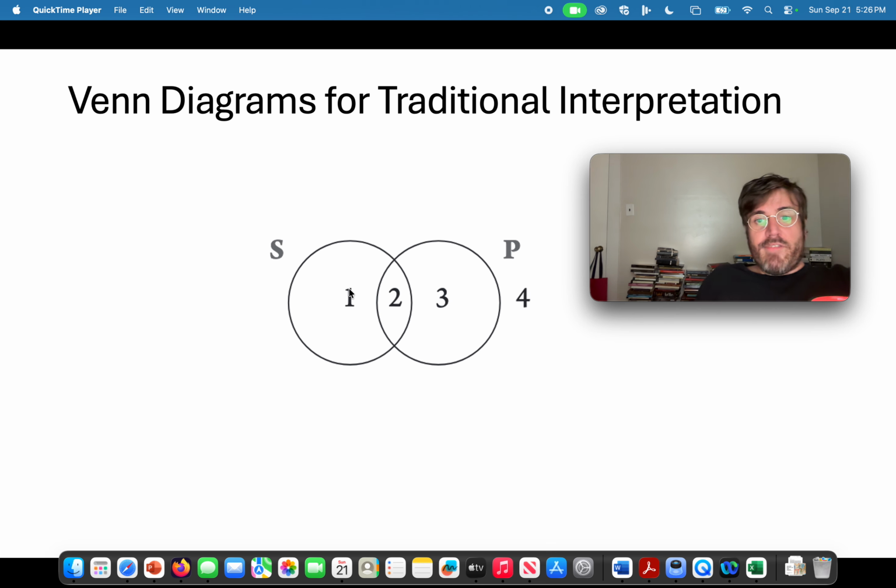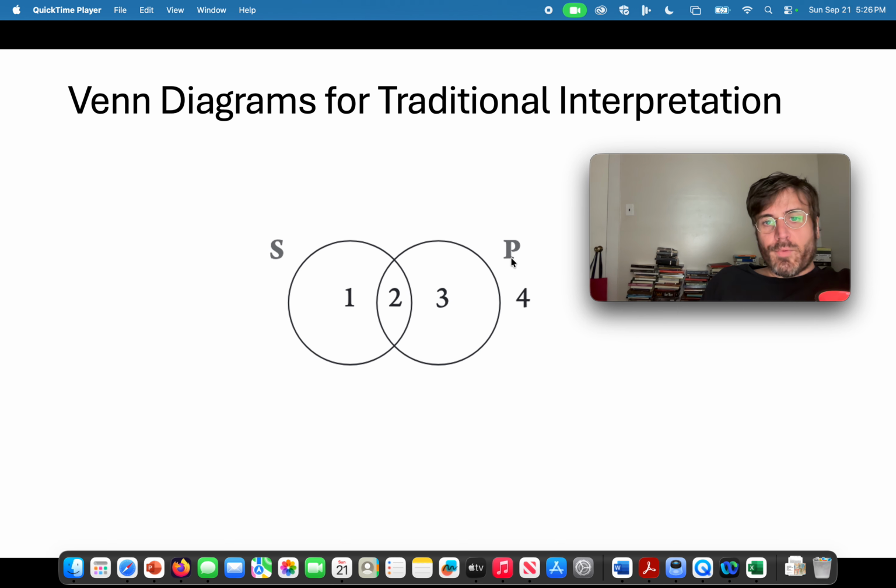So notice this Venn diagram has four regions. The first region is the subject term, right? We're indicating the subject term with S. So over here in region 1 is our subject group. And then you'll notice region 2 is the region of overlap between the subject group and region 3, which is our predicate group.